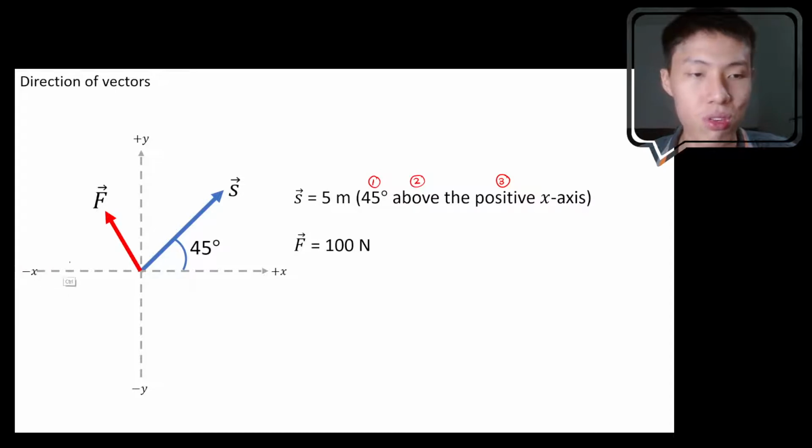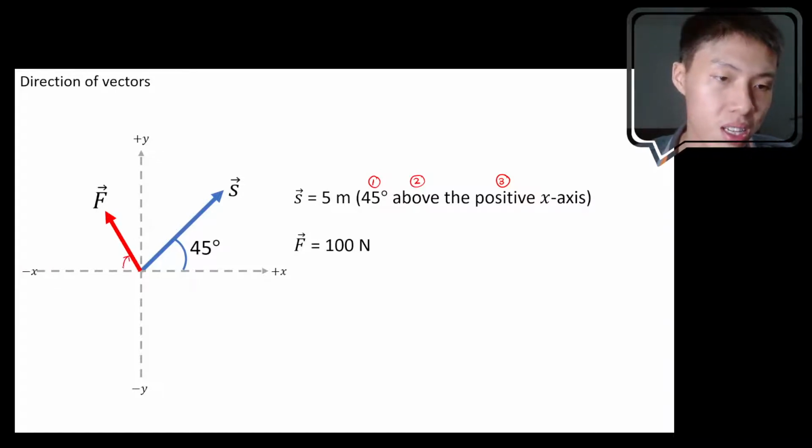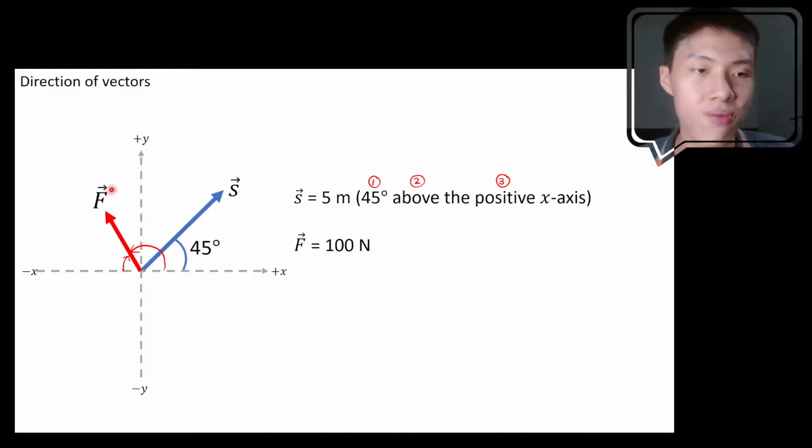If you try to draw it from the positive side of the x-axis, this will be the angle that you measure. But of course you can see that this vector F here is much nearer to the negative x-axis compared to the positive x-axis.